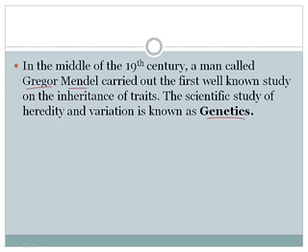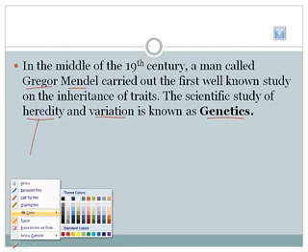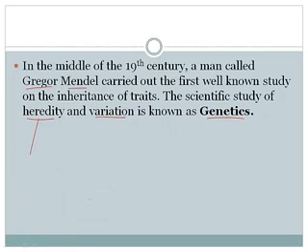Now this is a simple definition of what genetics is. It is the scientific study of heredity and variation. What do we mean by heredity? You need to know what heredity is.